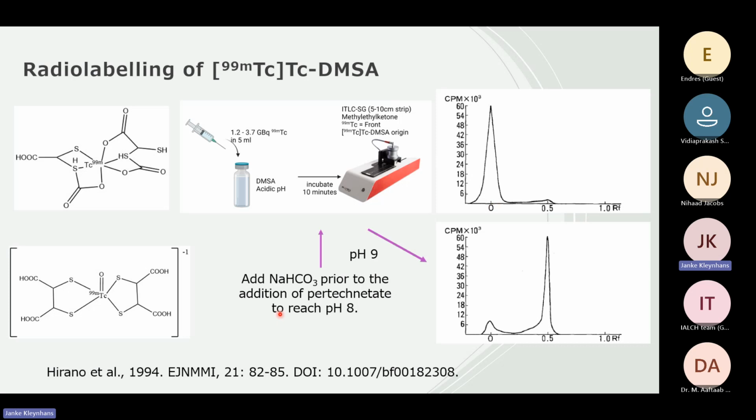So you add a buffer to buffer it to pH 9, and then it looks completely different, with your free pertechnetate coming out at the origin and your DMSA at the front. It's also a very interesting article that you can have a look at. So yeah, your QC is of course really important, because if something goes wrong in the labeling for the kidney one, you will see a higher peak at the front, and then of course that's also trouble.